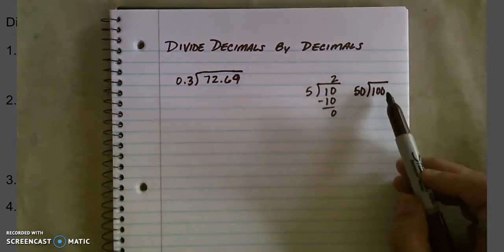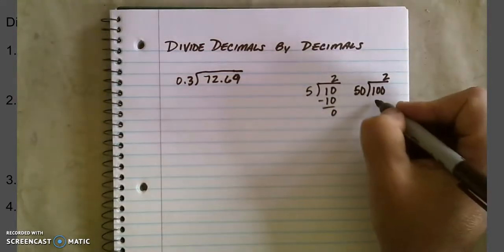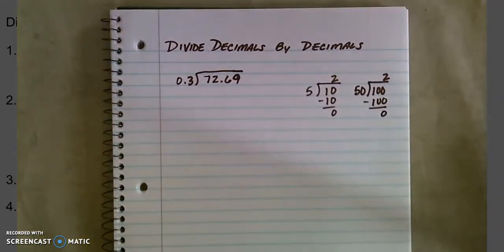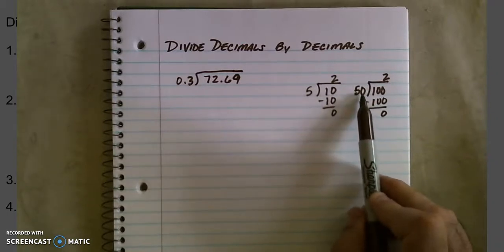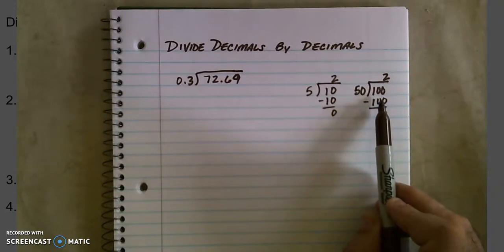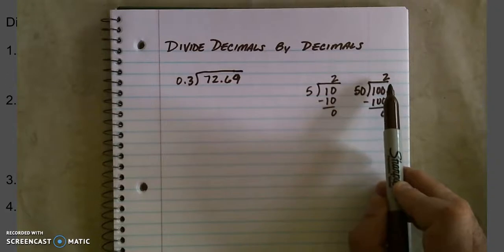And if I divide 100 by 50, I get 2, because 50 times 2 is 100. So you'll notice I multiplied both the divisor and the dividend by 10, but my answer is still the same.